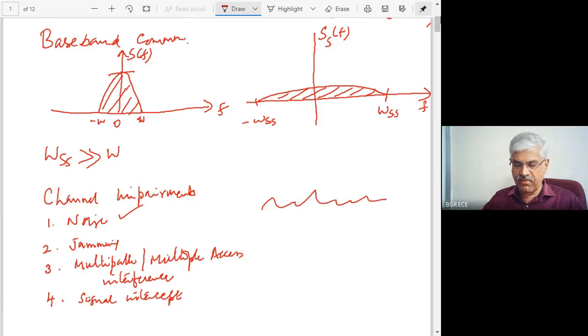They can generate a noise-like waveform, noise jamming, or they can generate a narrowband noise signal, or they may generate pulse jamming. That means they will not jam continuously throughout the time. They will jam only at specific instances, and then jam your signal. That is another technique. And they could also jam by transmitting tones, a particular frequency in your band of interest with high power. They will jam and then create problems.